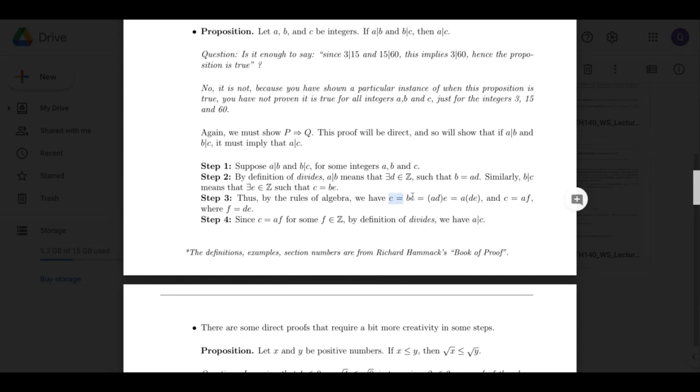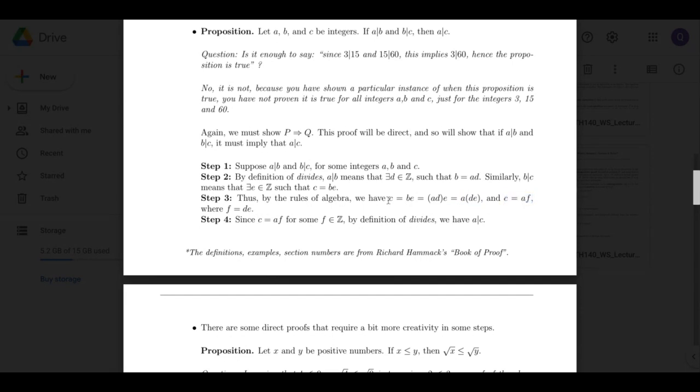Then C can be written as B times E, but B can be written as A times D. So C can be written as ADE, right? Then we see A is a factor of C, so that means A divides C. Or C can be written as AF for F equals DE, but we don't really need that step.